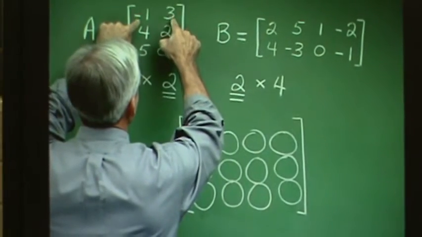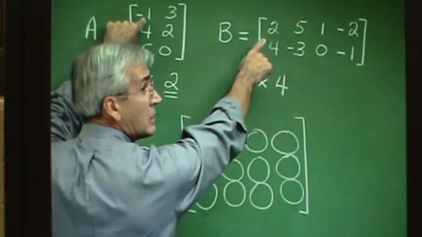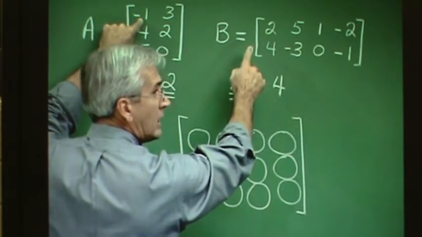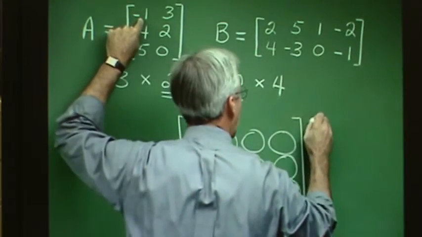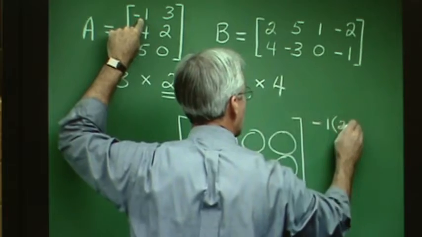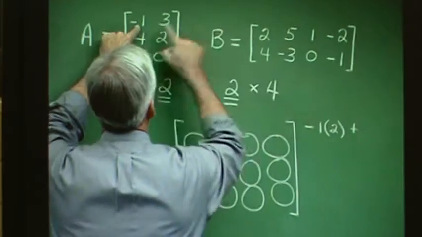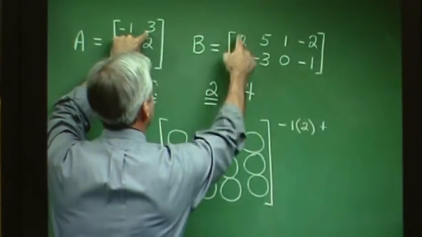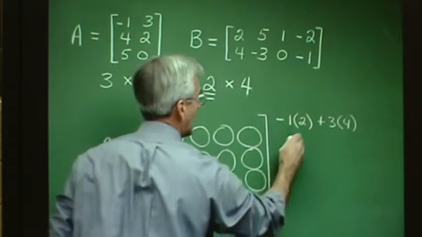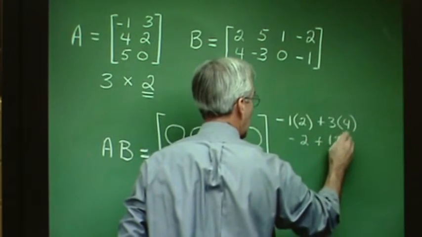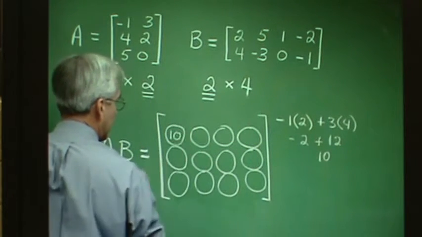We take the entries here in this first row, and for each entry, we're going to multiply times the entries over there. Here's what we're doing. It is -1 times 2. I'm going to write that out for emphasis. -1 times 2, and then plus, first times first, and then along this row, 3 times 4. So we have -2 plus 12, this is 10. So the entry that goes right here is 10.